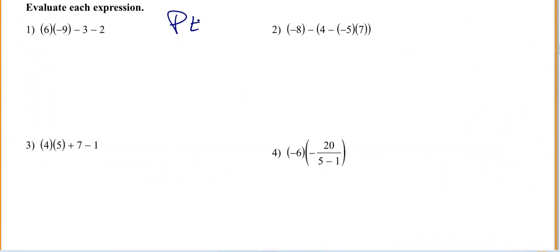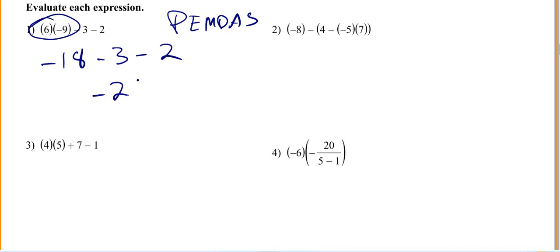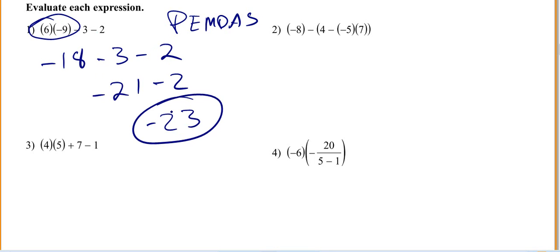So PEMDAS, we just talked about PEMDAS. Do our parentheses, or well, in this case, it would be multiplication, right? 6 times -9, which is -18. Minus 3 minus 2, so we've got -21 minus 2, which would be -23, right?